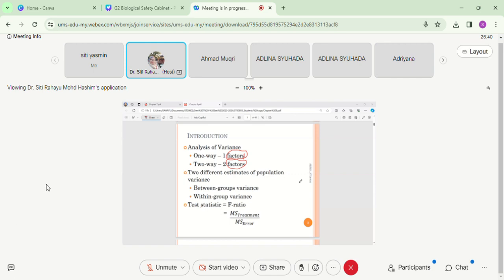In the t-test, you will measure or compute the variability of observation within the group using... Amanda, how did you measure the variability amongst the observation in your t-test?